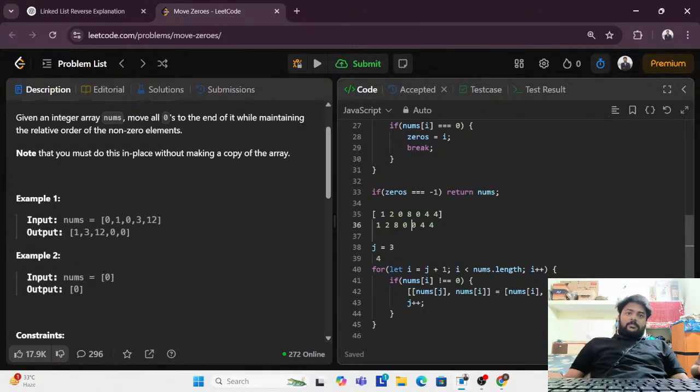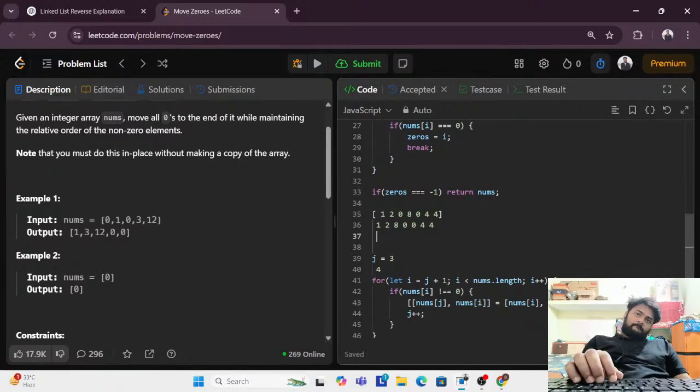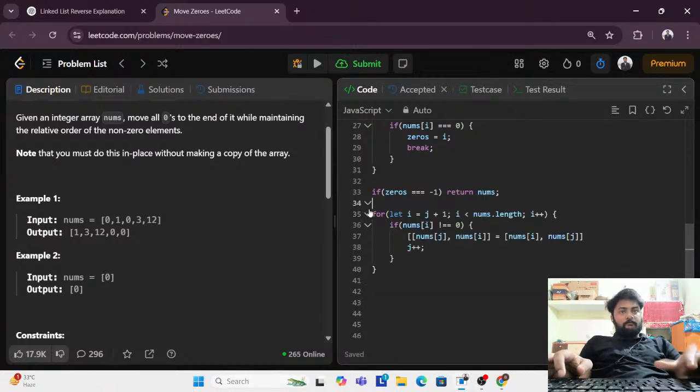Yeah, and now it is a 4. It is equal to 0, so it will become 1, 2, 8, 4, 0, 0. Right? Okay, so I think it will work.